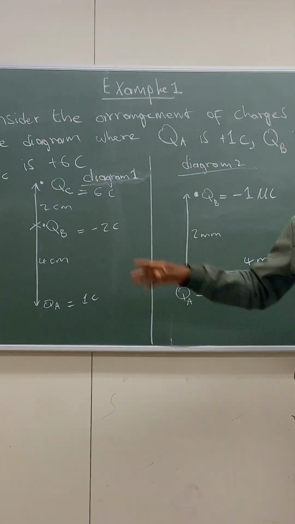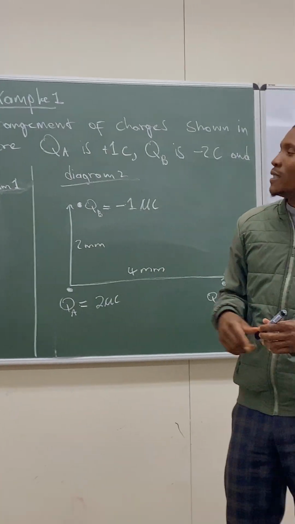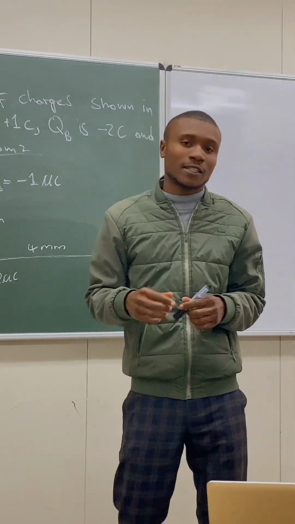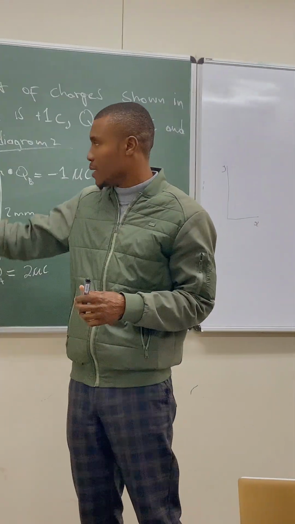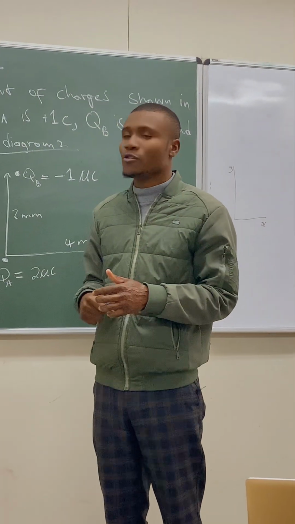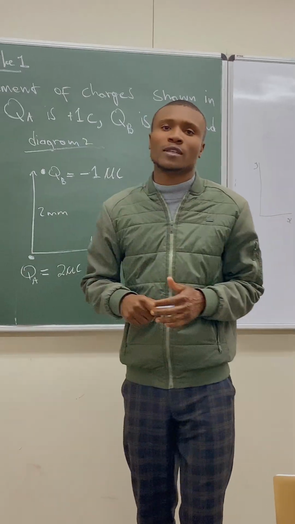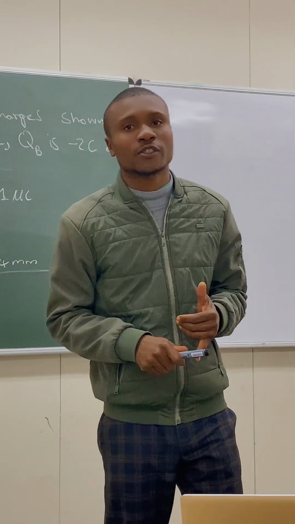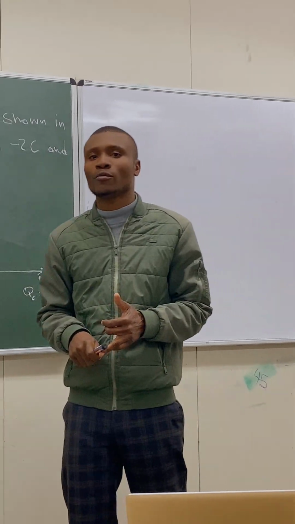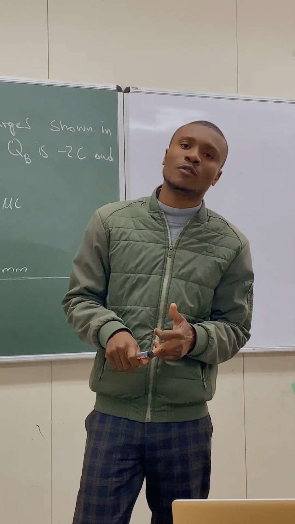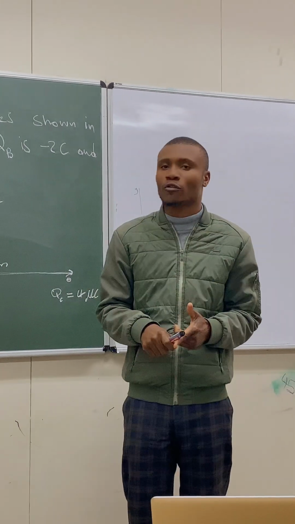In order for us to calculate the net force, step number 1, we have to make sure that our numbers here are in the correct unit. As you know, the unit for charge is the coulomb. So if you are given microcoulombs, nanocoulombs, or picocoulombs, you have to convert.